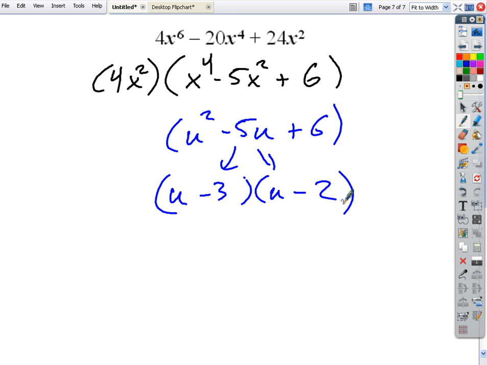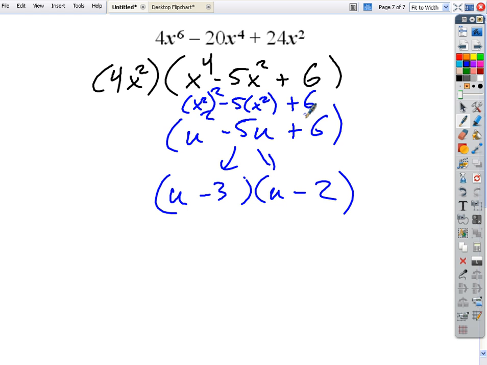But the u is really just an x squared, isn't it? Right? Because what I've really done here is I've taken this x to the 4th and thought of it as x squared squared. So those are really u's. I don't have to write it out as a u, but I can just see that I'm looking at this trinomial not in packets of just x, but in packets of x squared.